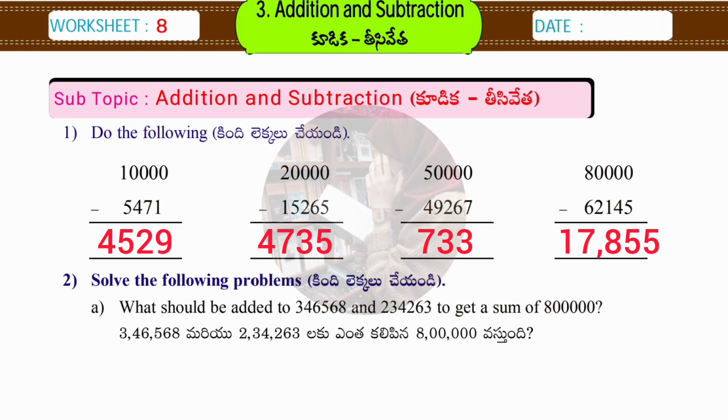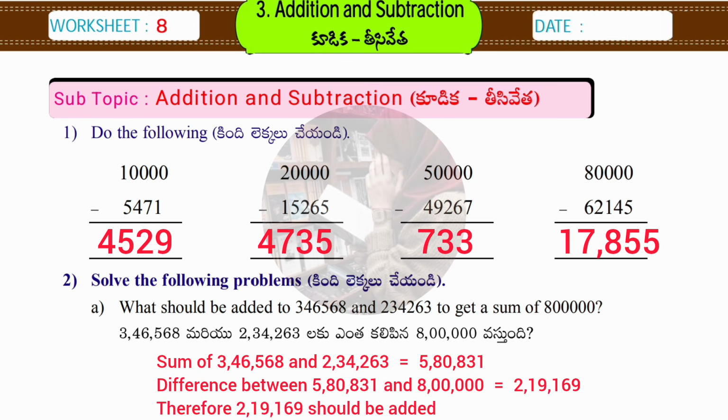Let's see, guys. Firstly we will add the first two numbers: the sum of 3,46,568 and 2,34,263 is equal to 5,80,831.